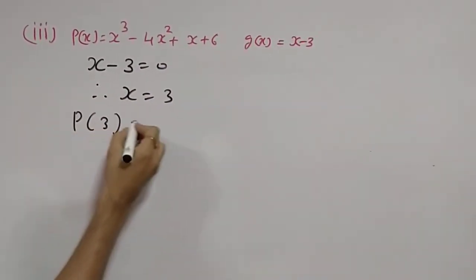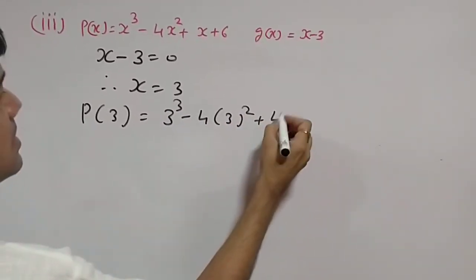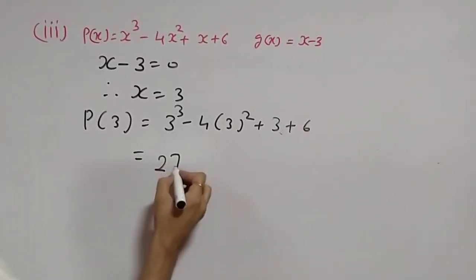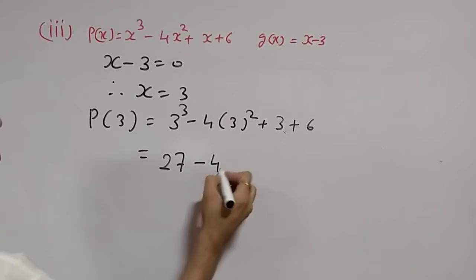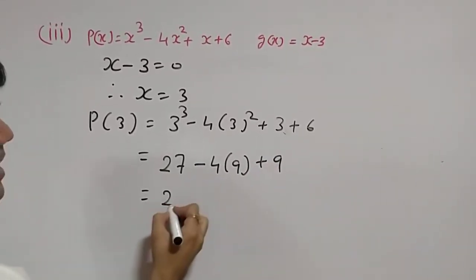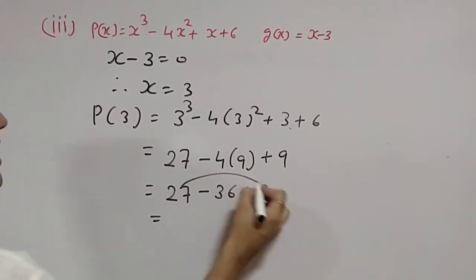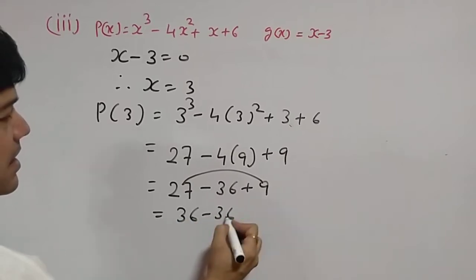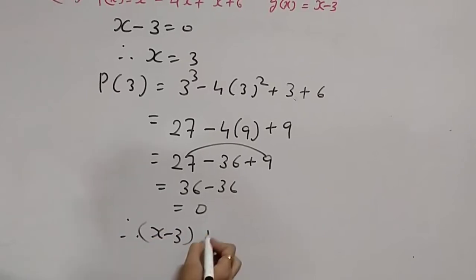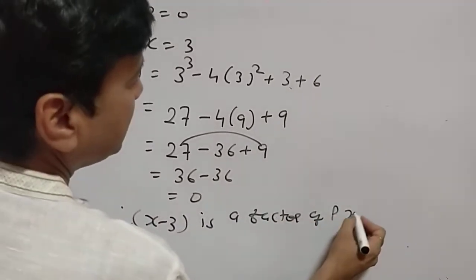Find p of 3. 3 cube minus 4 into 3 square plus x is 3, 6. 3 cube is 27. 4 into 3 square is 36. 3 plus 6, 9. 27 minus 36 plus 9. 27 plus 9, 36. 0. Therefore, x minus 3 is a factor of the polynomial.